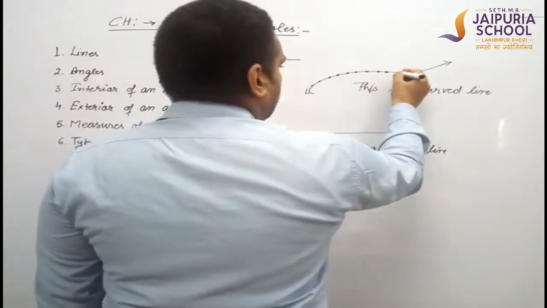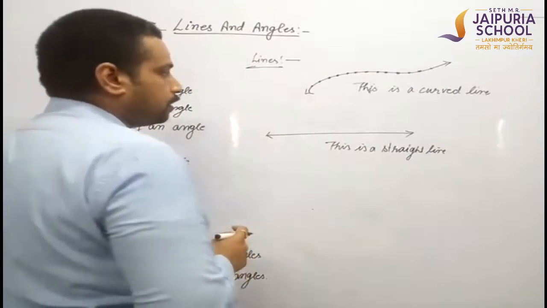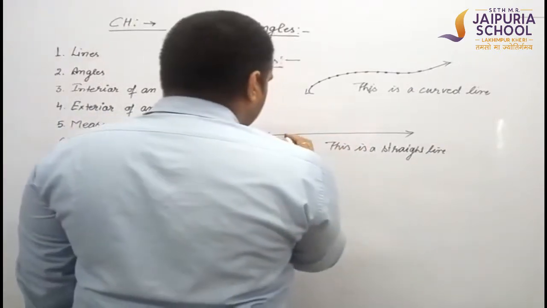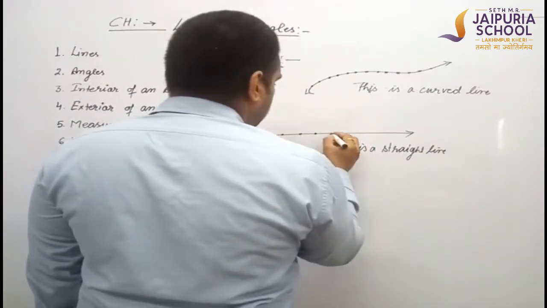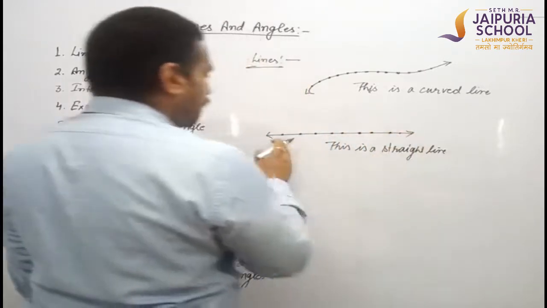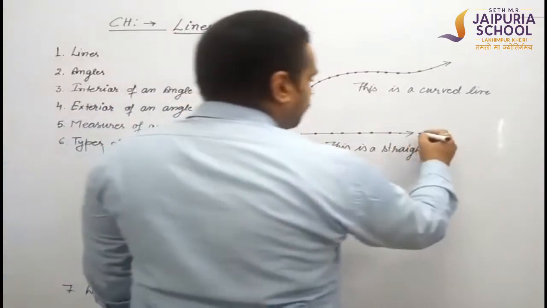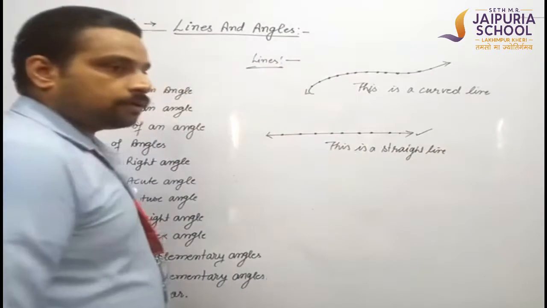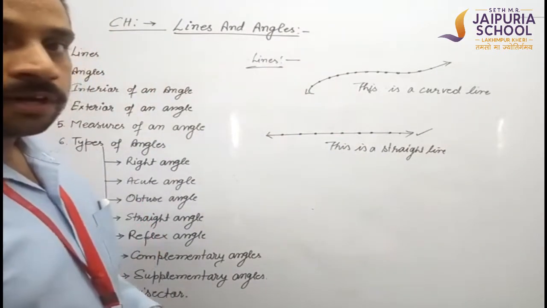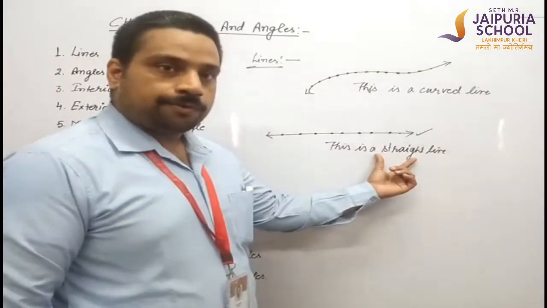And this looks like a road. And what is this? Here all the particles are in a sequence, just behind each other. This is an example of the assembly point where your class stands in a straight line.